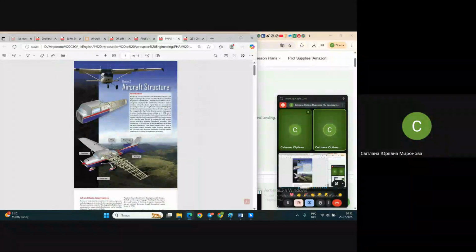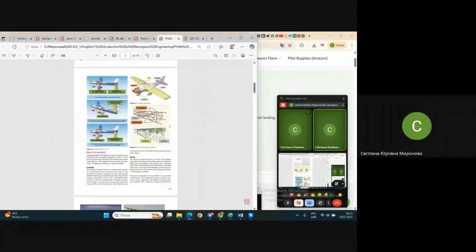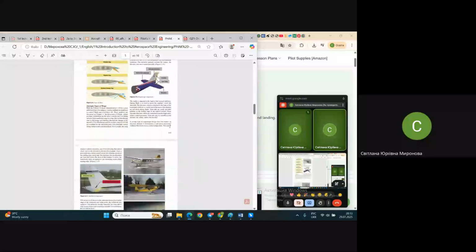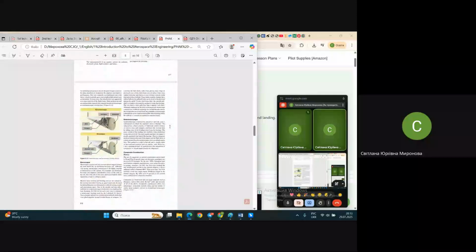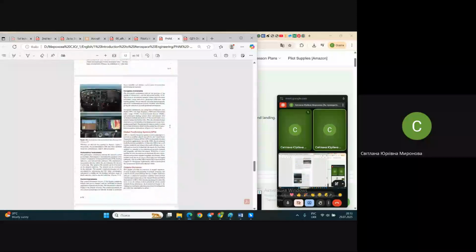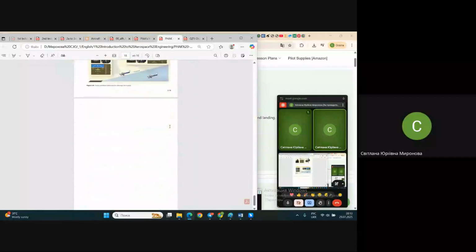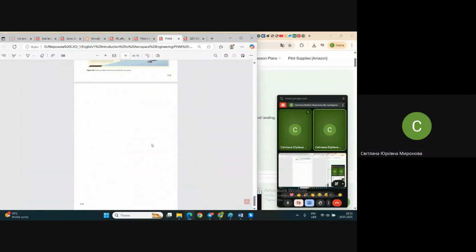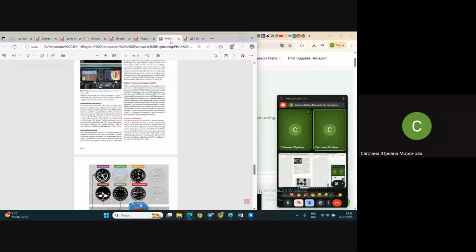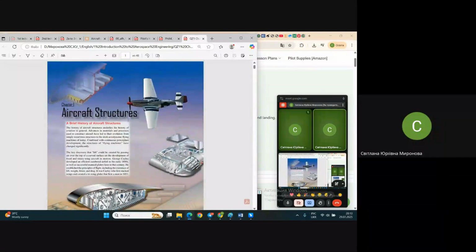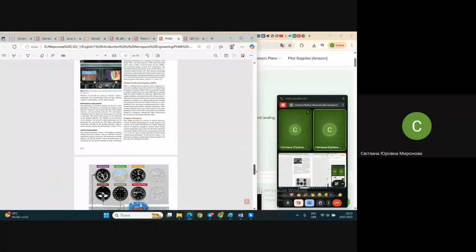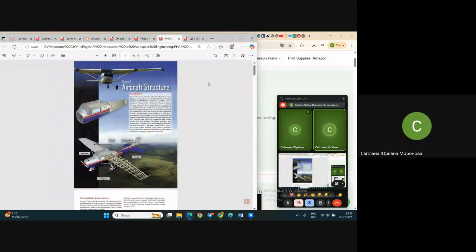Now, in this aircraft structure chapter, I have found a very interesting thing to show you. Here is one more aircraft structure chapter.